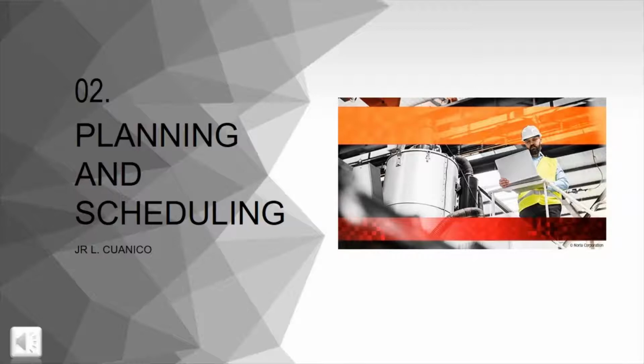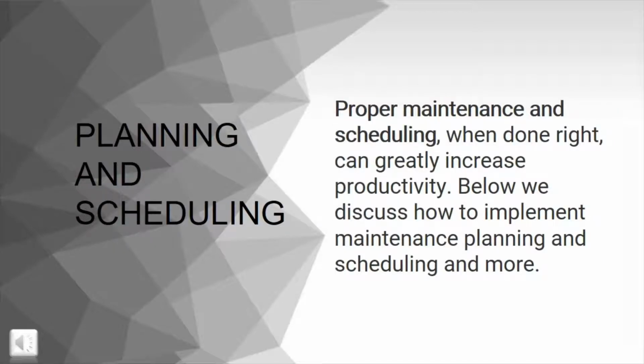Proper maintenance and scheduling, when done right, can greatly increase productivity. Below we discuss how to implement maintenance, planning, and scheduling and more. Maintenance planning can be defined as an end-to-end process that identifies and addresses any possible issue ahead of time.